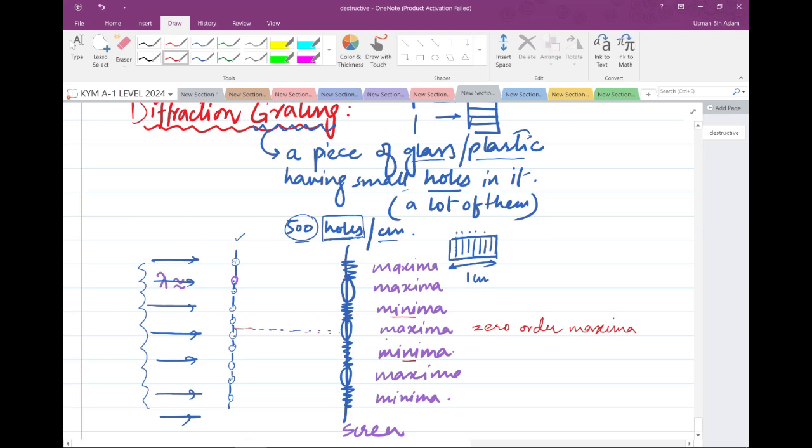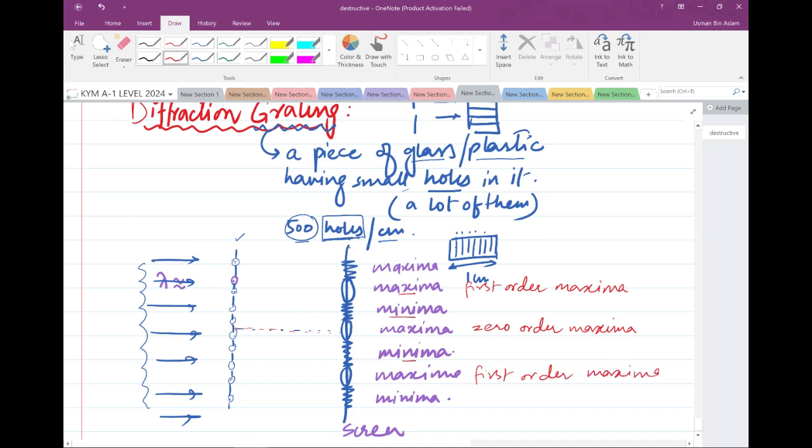A minima is formed where a destructive interference takes place. The one above it, this maxima, will be called the first order maxima. The maxima that is below the central maxima is also called the first order maxima.